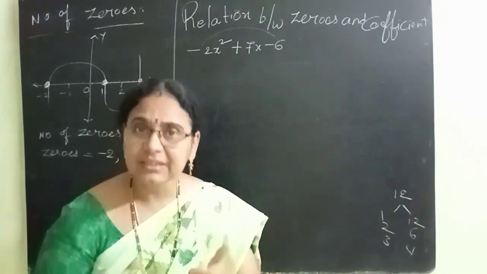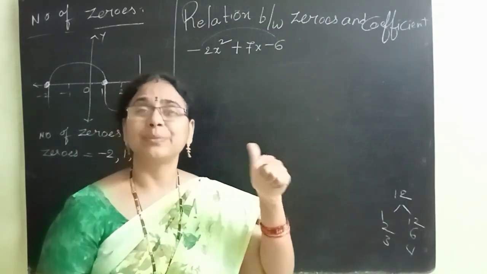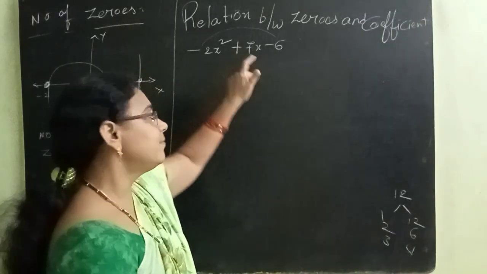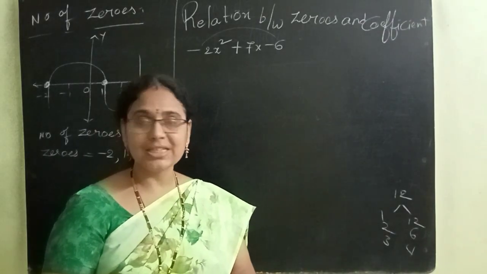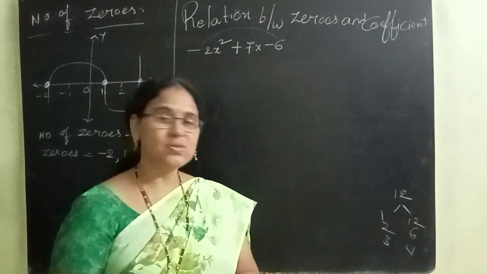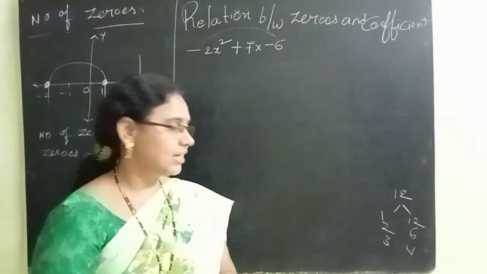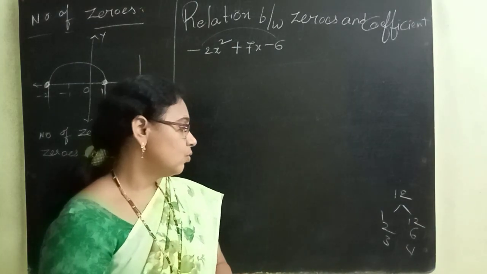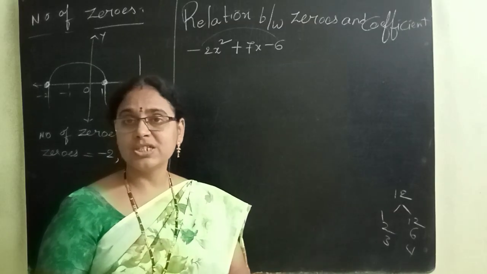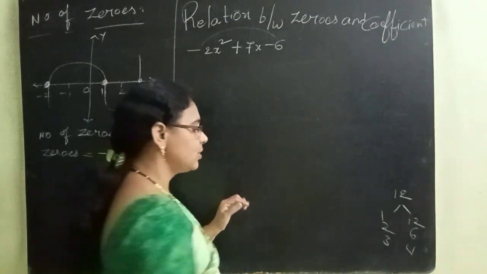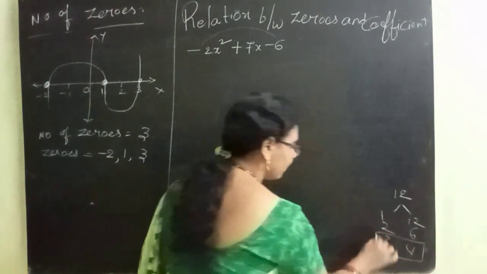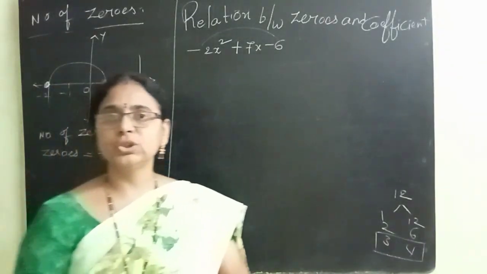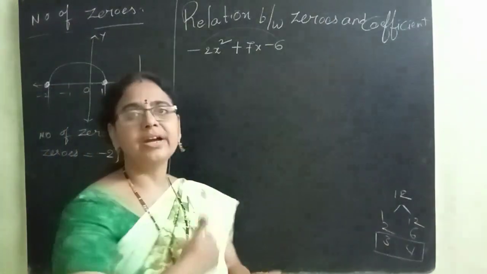Either by adding or by subtracting the factors, I want the middle number, that means I want 7. 12 plus 1 is 13, 12 minus 1 is 11. 6 plus 2 is 8, 6 minus 2 is 4. 4 plus 3 is 7, 4 minus 3 is 1. So, by adding 3 and 4, you get the middle term. So, you have to select 3 and 4.